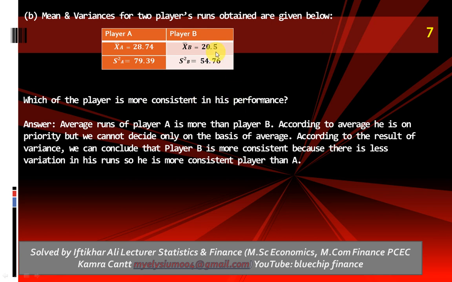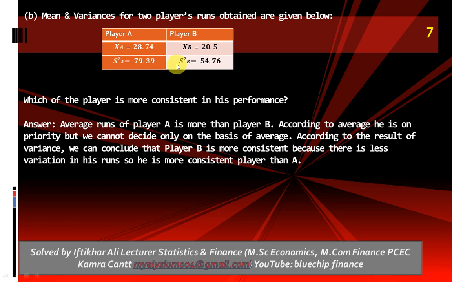This type of question was already discussed, I think, in some previous paper, but once again we will see this question. If we take the decision on the basis of average, then as you are seeing, it is clear that mean of player A is greater than the mean score of player B. So on the basis of average we can select player A, but hold on, here is the measure of dispersion, and that is variance.